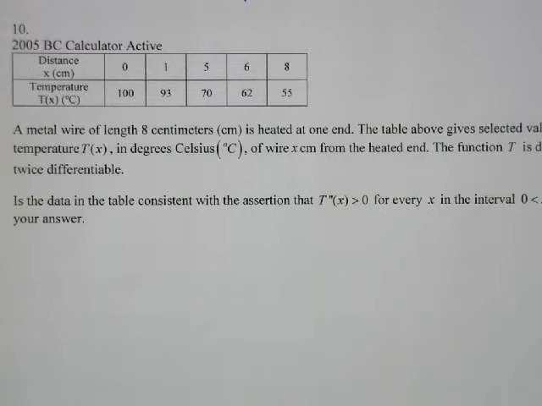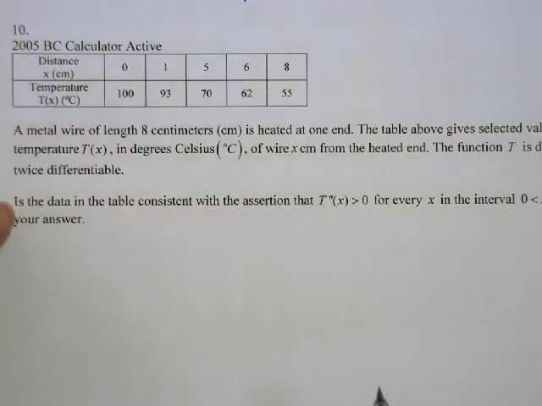It asks: is the data in the table consistent with the assertion that the second derivative is greater than 0 for every x on the interval from 0 to 8? Explain your answer. So this is kind of a tricky question. This is actually the last part of a 4-part problem.